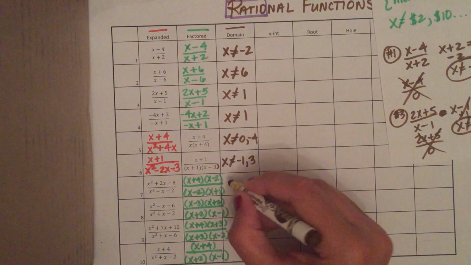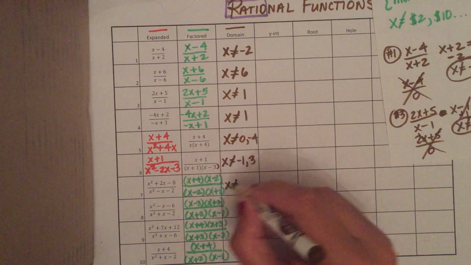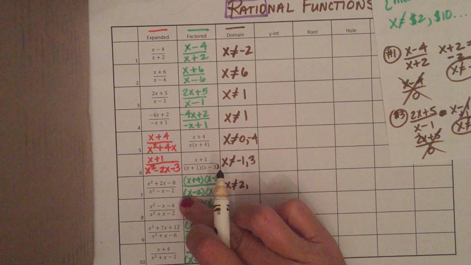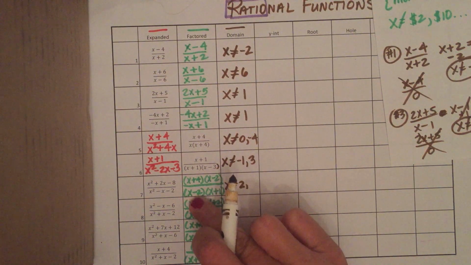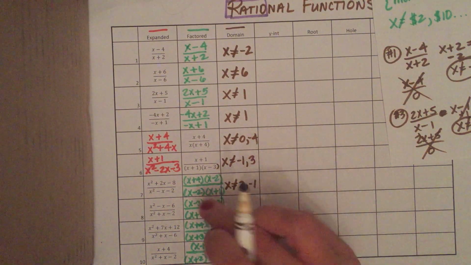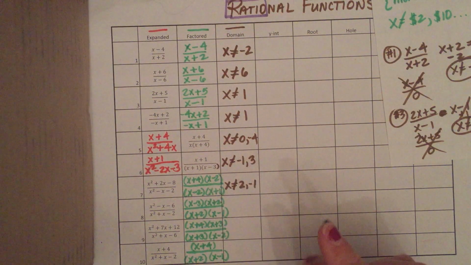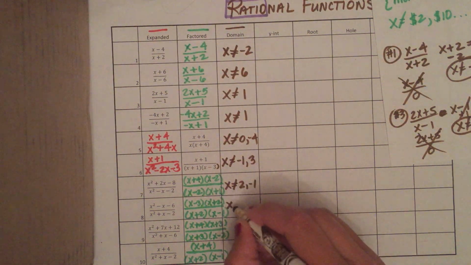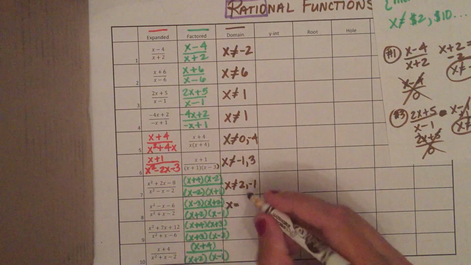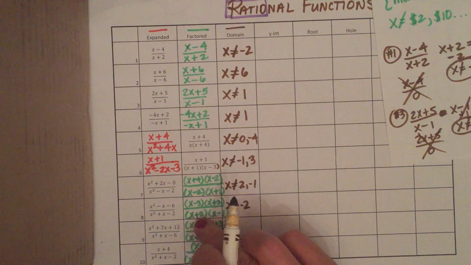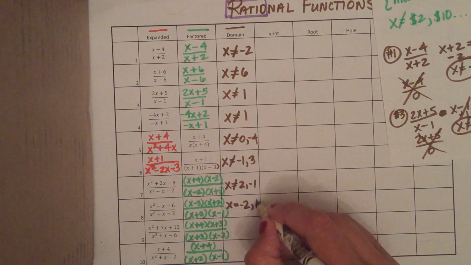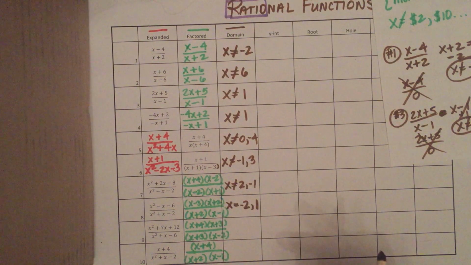For number 7, x cannot equal 2 because x minus 2, 2 minus 2 would be 0. And x cannot equal negative 1 because negative 1 plus 1 would be 0. In number 8, x cannot equal negative 2 because negative 2 plus 2 is 0. And x cannot equal 1 because 1 minus 1 is 0.